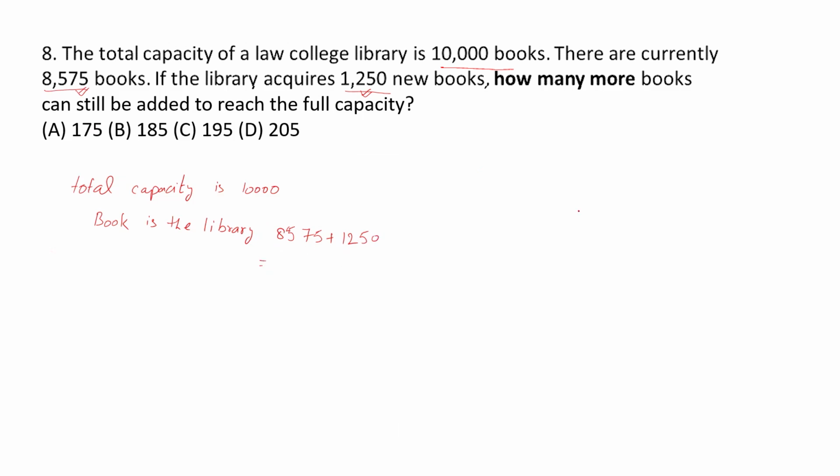These many books are already there. Let me add them up. 8,575 plus 1,250. So if you add, you will get 5. 7 plus 5 is 12. 1 is remainder. 5 plus 2 is 7 plus 1 is 8. 8 plus 1 is 9. So 9,825 books are already there in the library. So how many more can be there?